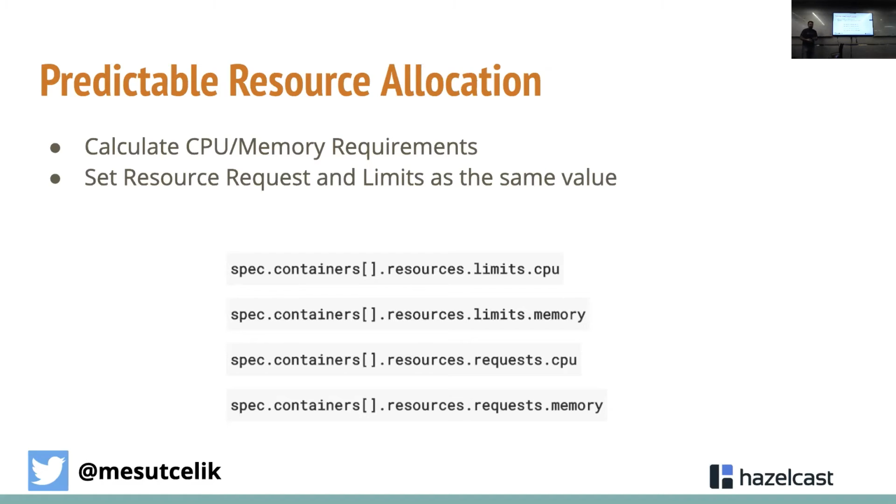It first kills the ones that didn't define anything, but if you give different values, you are the next target. So if you want guaranteed placement, you need to give the same value for request and limit for both CPU and memory. If it is 4 GB memory that you need, just give limit and request the same value. So this is predictable resource allocation, and it's important for scheduling purposes.